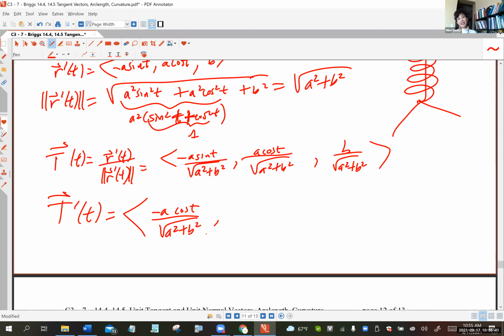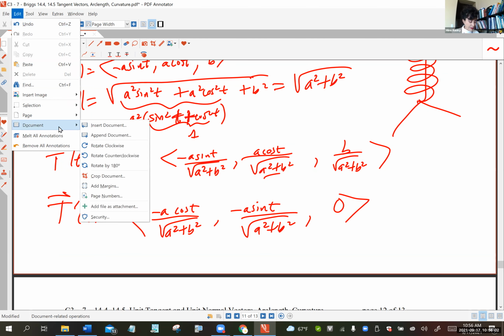So that first, and the negative will stay there because it's not changing in sign. But then when you take the derivative of the second component, where you're taking the derivative of cos, you'll get a negative sine. So you'll get negative a sine t over that square root. And then the last component is a pure number, constant. So its derivative is 0. That's convenient. Nice.